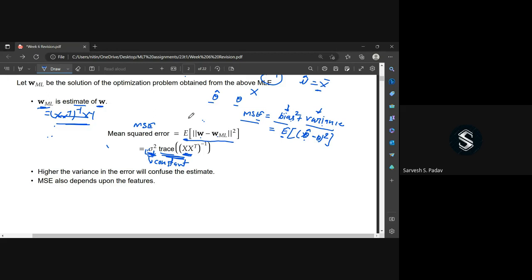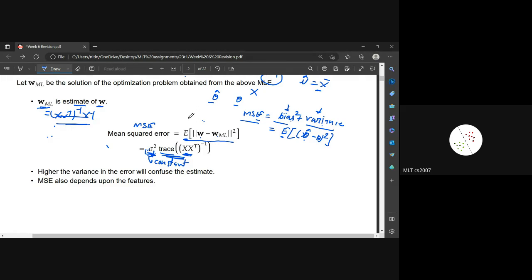The thing is that WML is something which we got from the sample, the data set which we collected. And the true value W is from the underlying distribution itself, which we don't know.